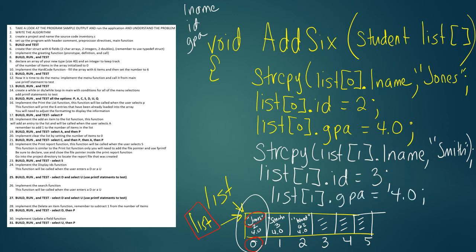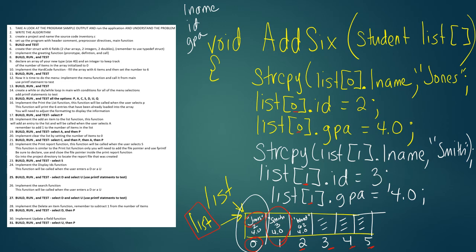So all you need to do is you need to do each one of these. So now I've done list at index 0, I've done list at index 1, then I need to do list at index 2, index 3, index 4, and index 5. And then I've filled 6 hard-coded items into my list. And then I will be ready to try to print it onto the screen and add things to it and delete things from it.